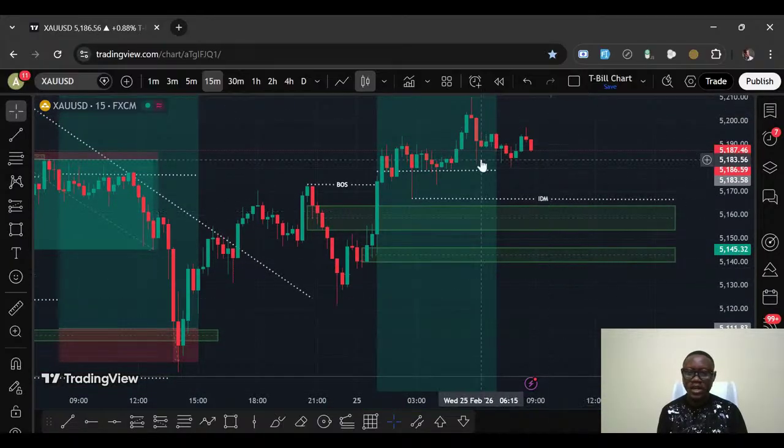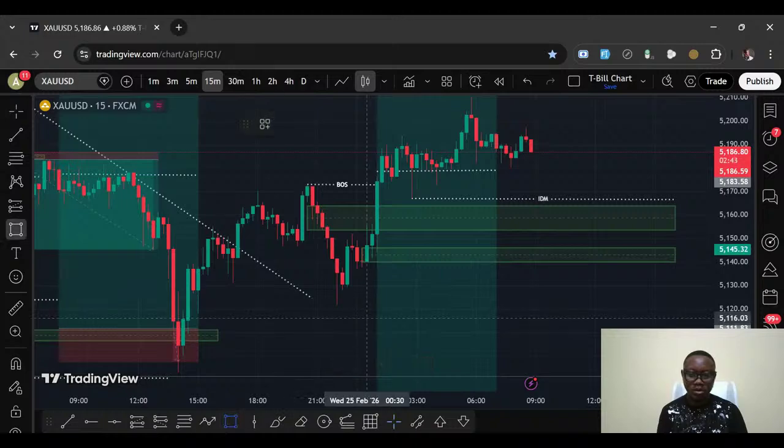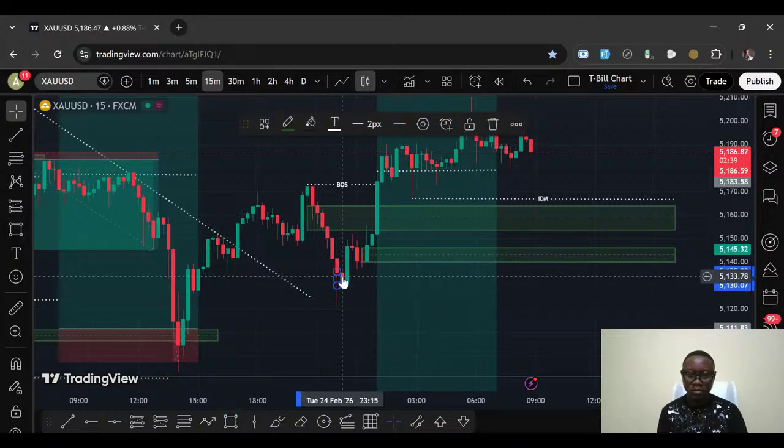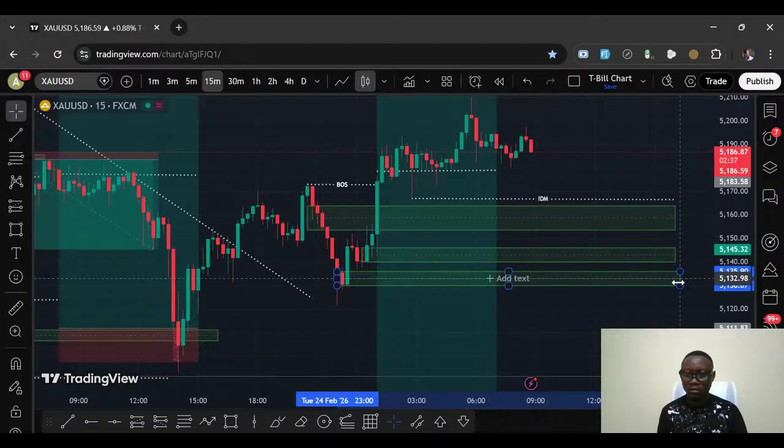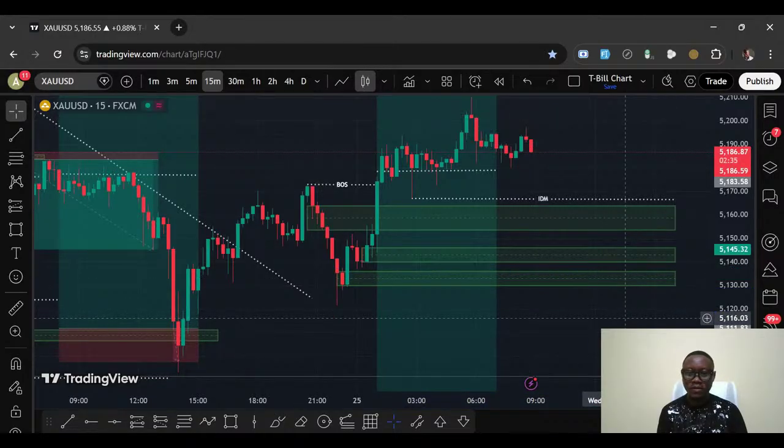And right here we have another order block, which is this.